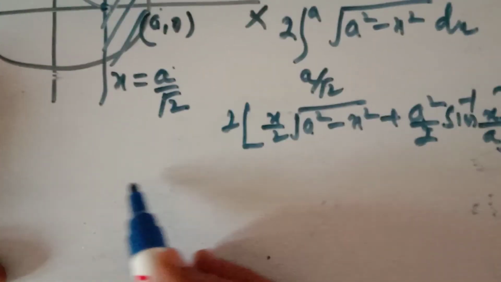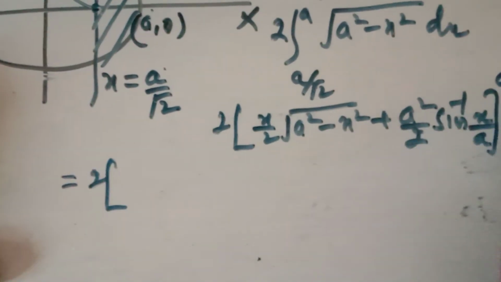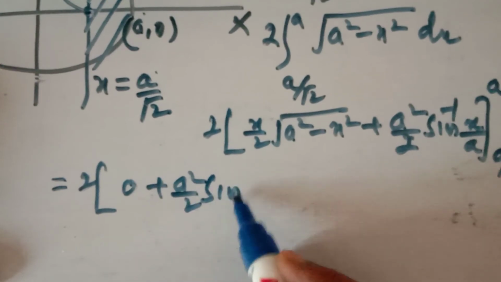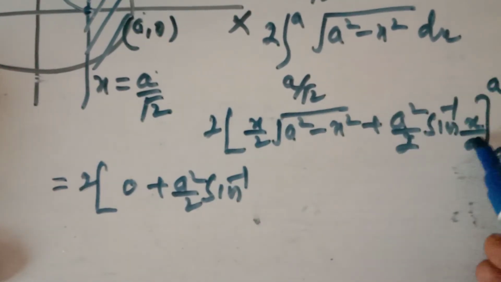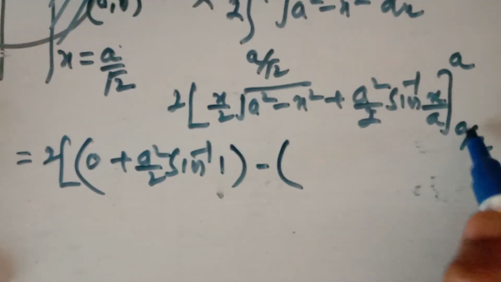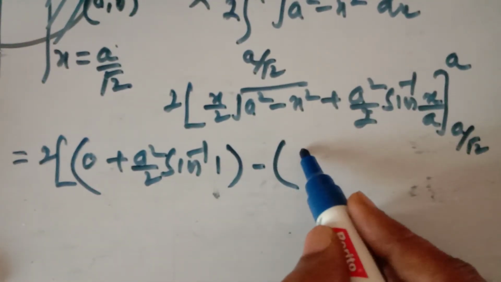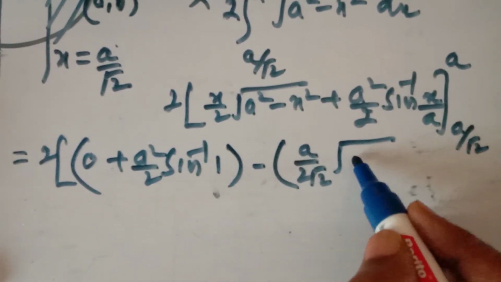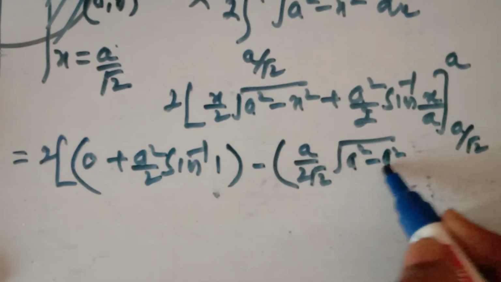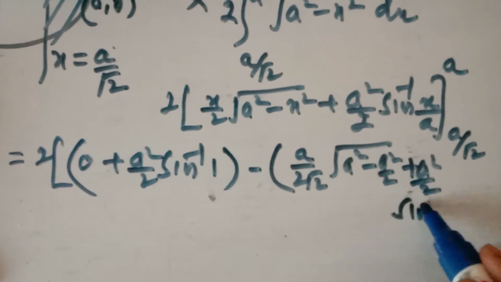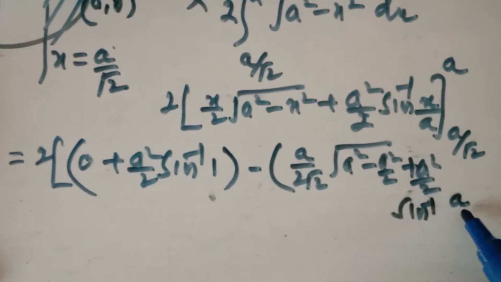So upper limit, if you put it, is a, so it will be 0 plus a square upon 2 sine inverse 1, because we put x is equal to a, it will be sine inverse 1, minus lower limit, it will be a upon root 2, so this will be a upon 2 root 2 under root a square minus a square upon 2 plus a square upon 2 sine inverse a upon a root 2.